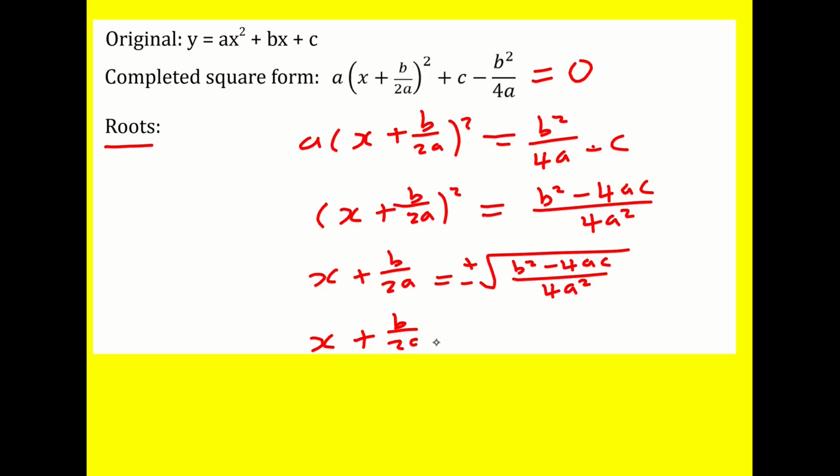Now we can actually use our knowledge of surds and write this as a square root of b squared minus 4ac divided by the square root of 4a squared.